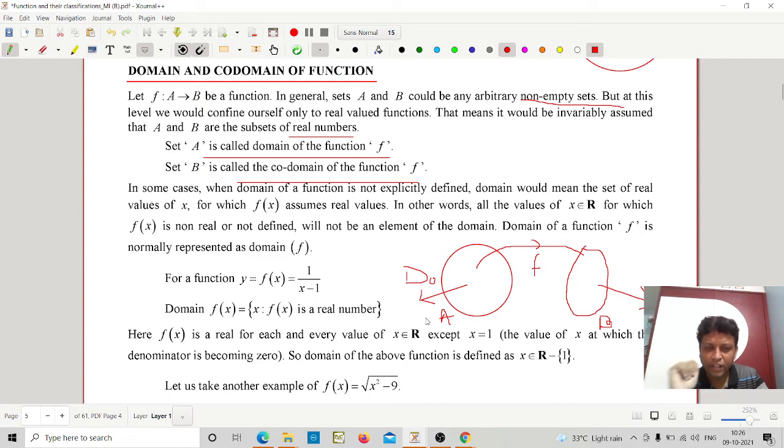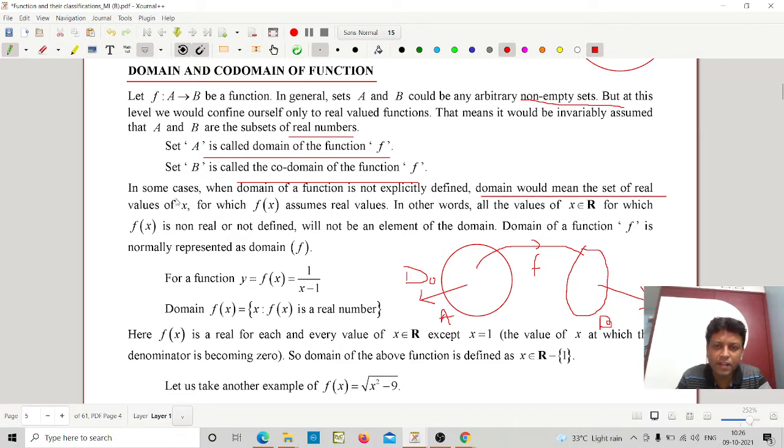Now, let us find out the domains, meaning the values which x can take. Domain would mean the set of real values of x for which f(x) assumes real values. This is the most important line.